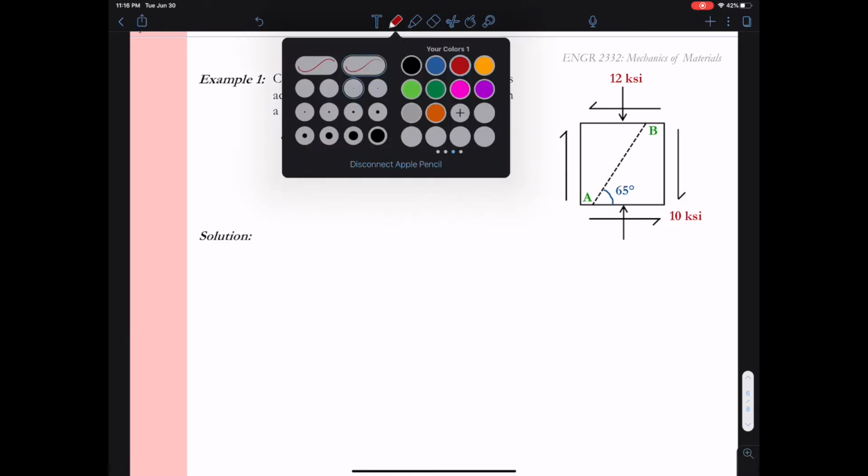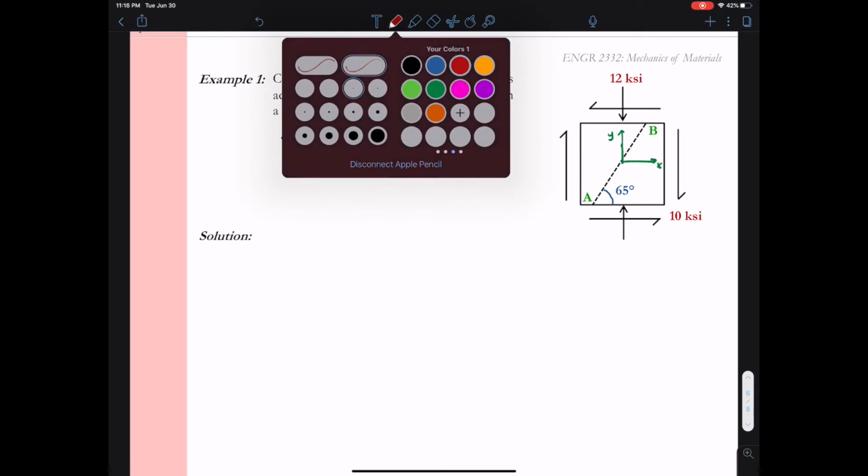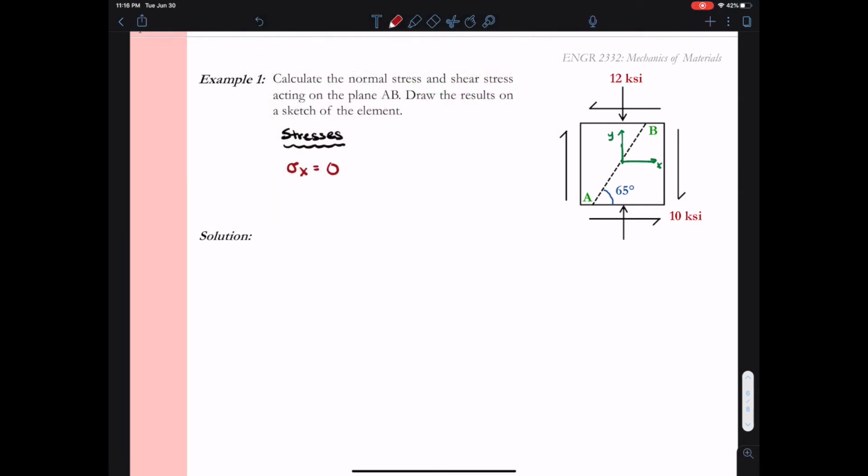So sigma x, if I look in the x direction, my normal stress in the x direction, I don't have any normal stress applied. So sigma x in this case would be 0. In the y direction, I have a compression force of 12 ksi applied.